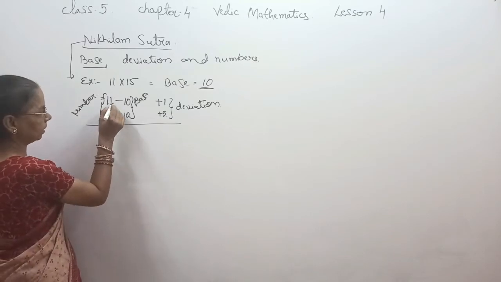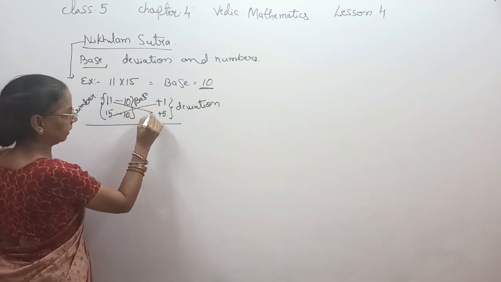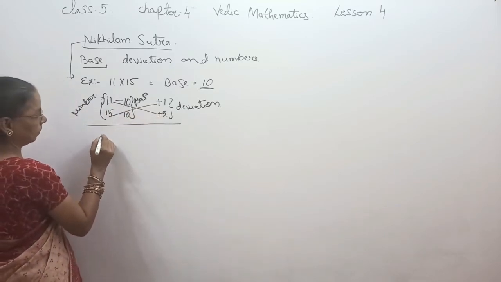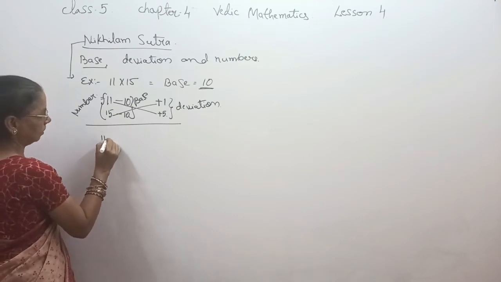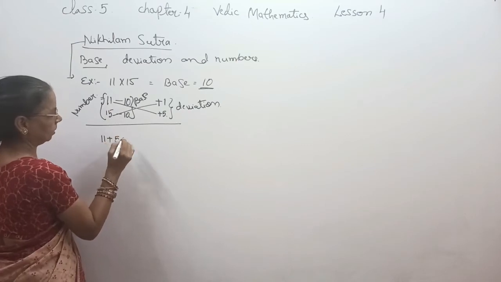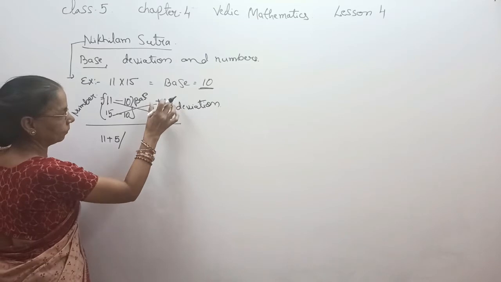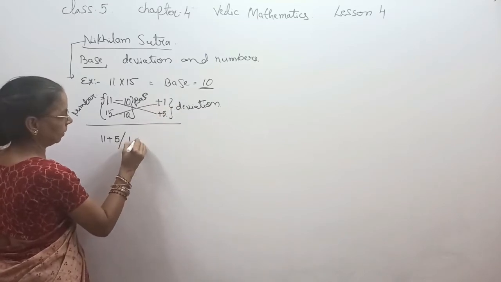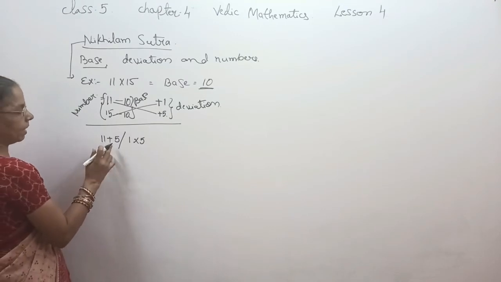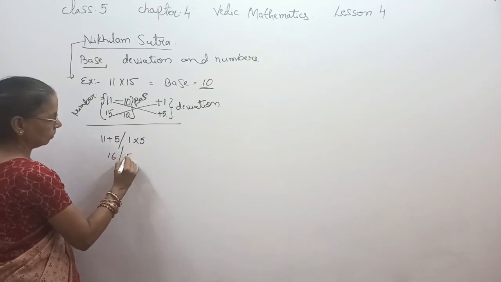First we take this one with this and this one with this, that is cross. Number plus cross deviation, slash, the multiplication of the two deviations, that is 1 into 5. Now 11 plus 5 is 16, slash 5, that is 16 slash 5.